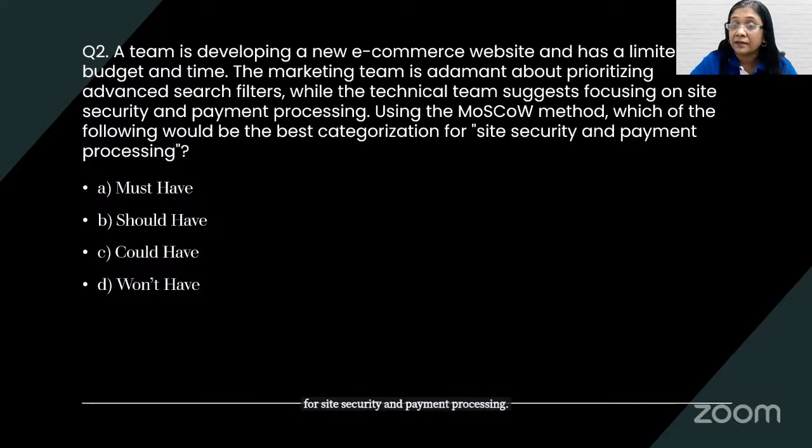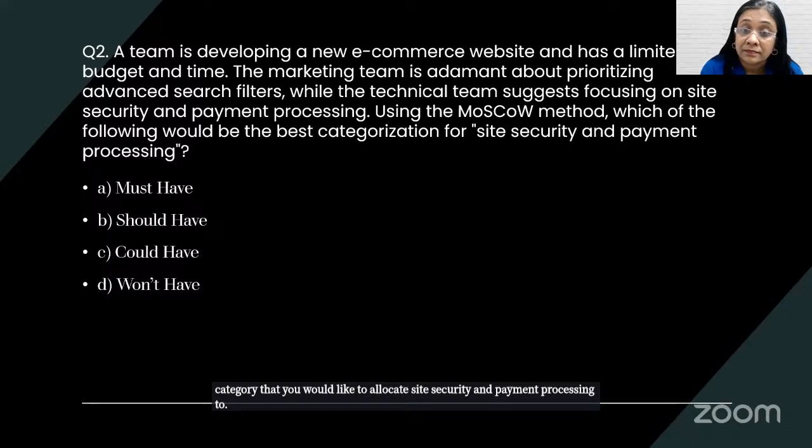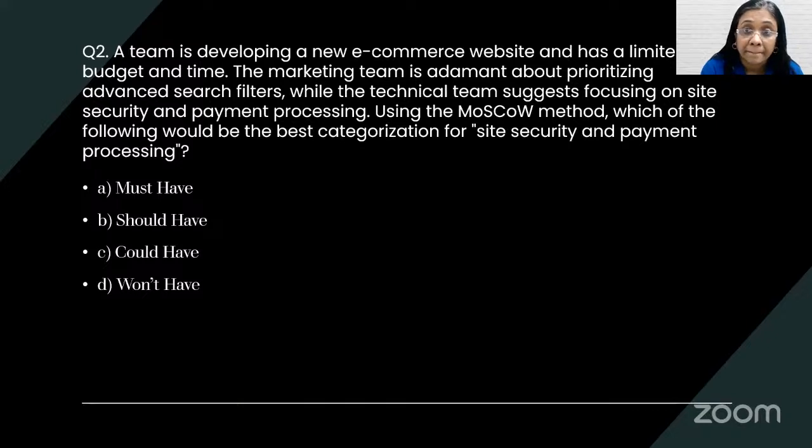What is the category that you would like to allocate site security and payment processing to? So here we have a scenario of conflicting requirements, conflicting priorities. Okay, people have typed in.